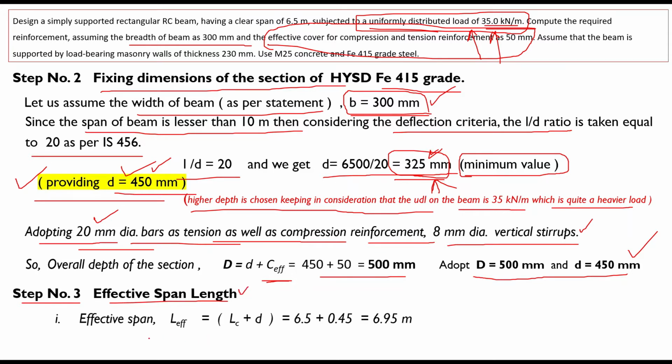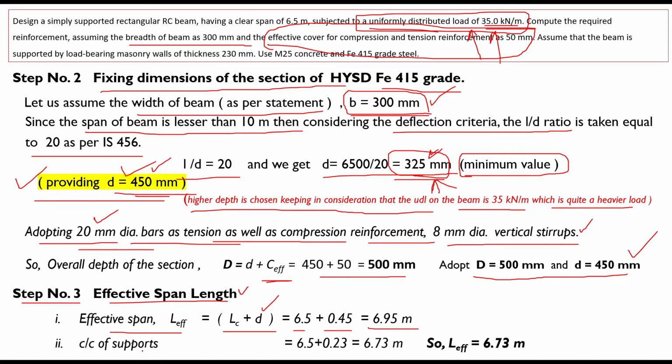There will be two types of choices and we have to take the least value. The very first condition: effective span is equal to the clear span length plus effective depth of the section. Clear span was 6.5 and effective depth which we had taken is 450 millimeter, so it comes out to be 6.95.